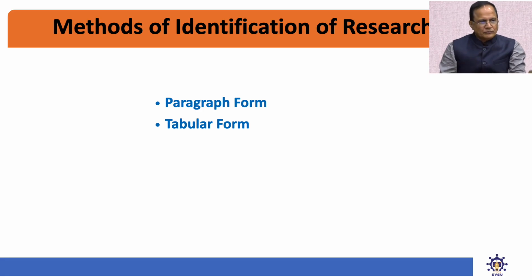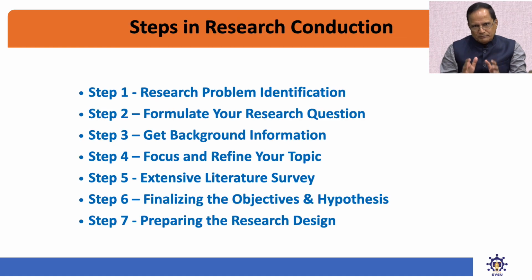So, again, with the various steps of how research can be conducted, we will conclude this session. The very first, we will identify the research problem, formulate the research question, take the background of that, and focus and refine the topic.